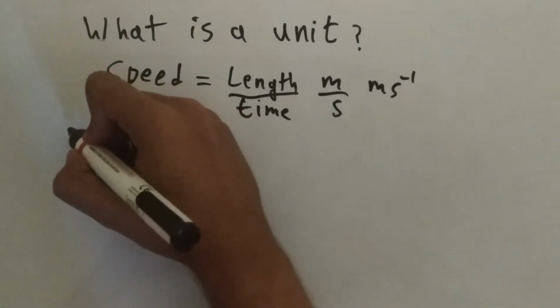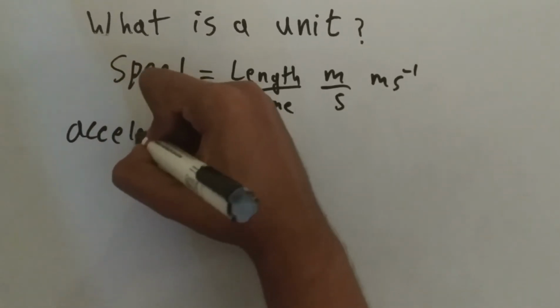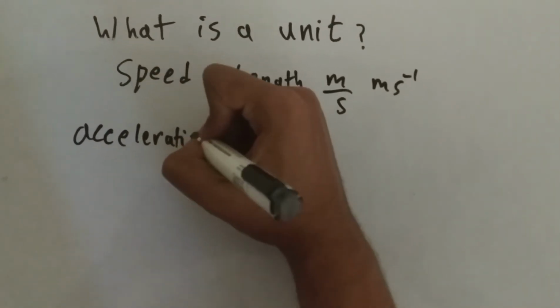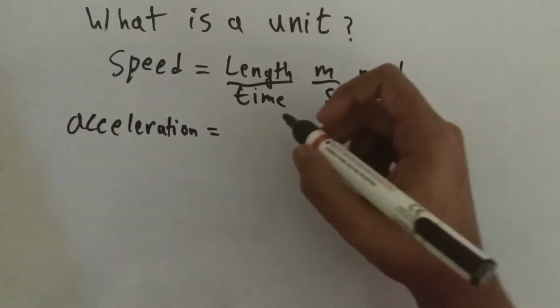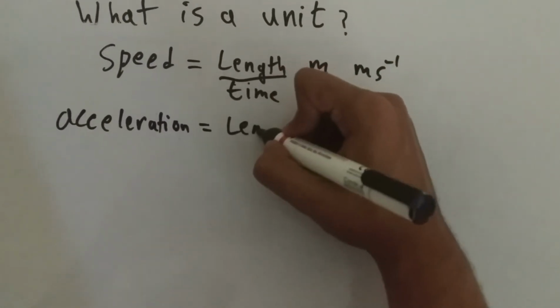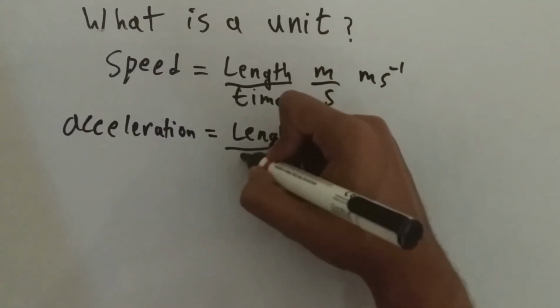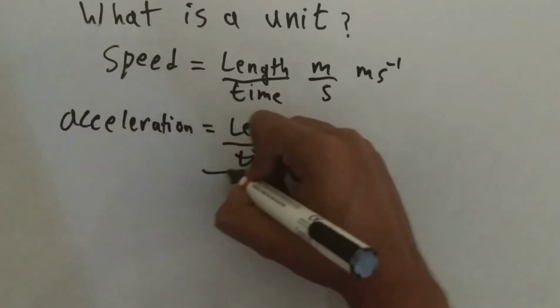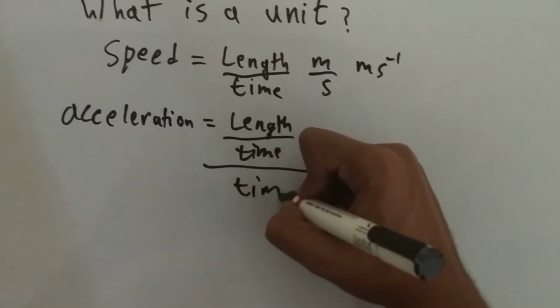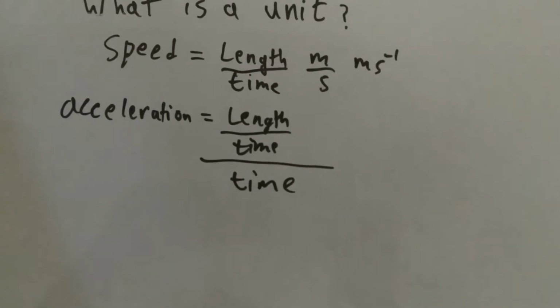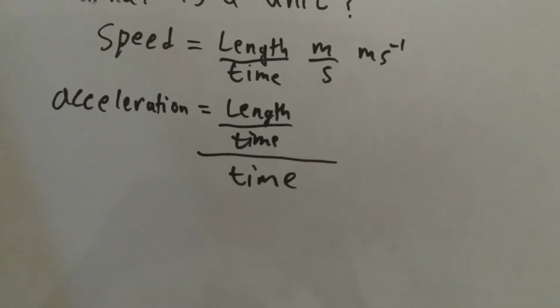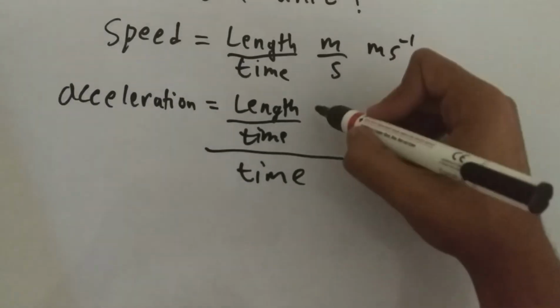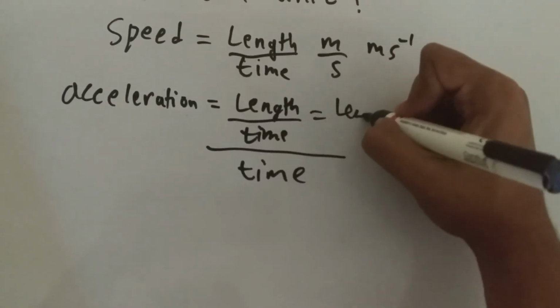Now similarly, acceleration. It can be written as length per time per time, that is nothing but length per time square.